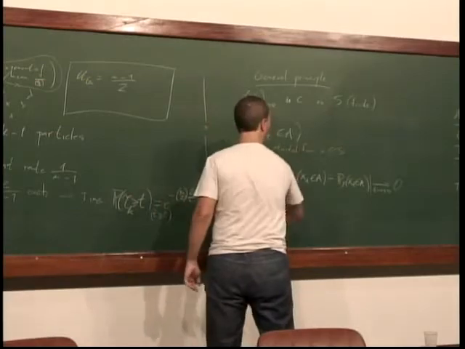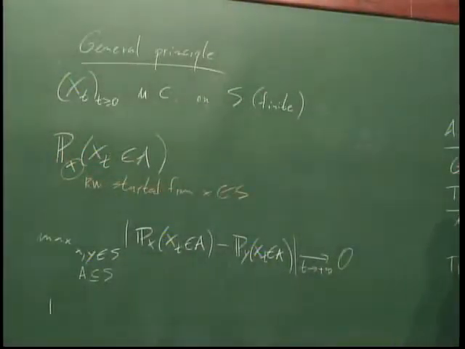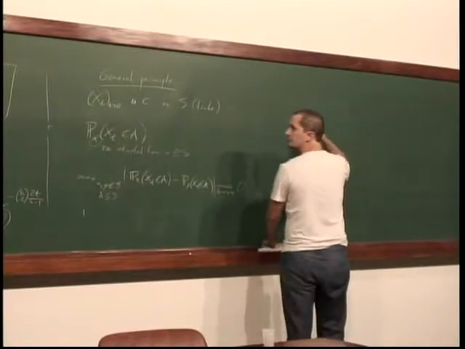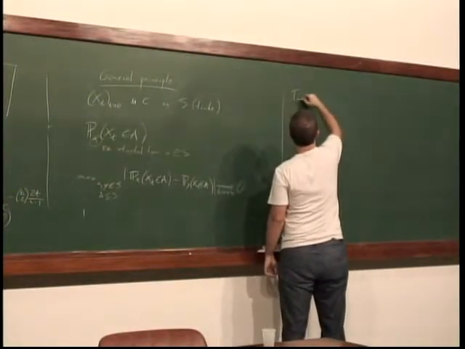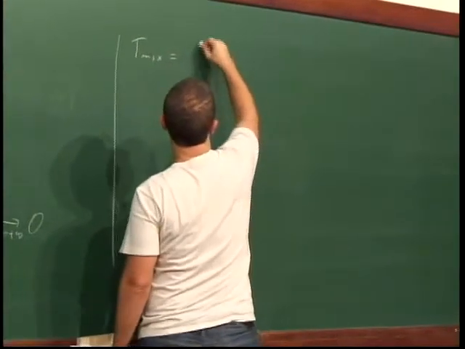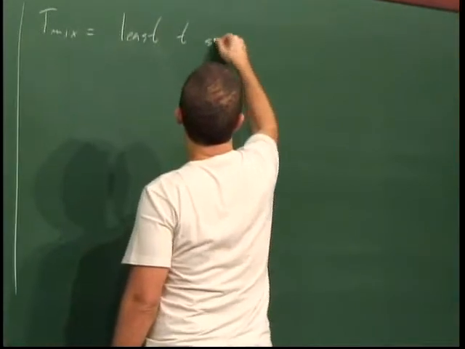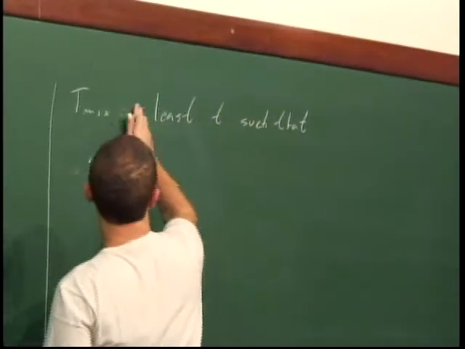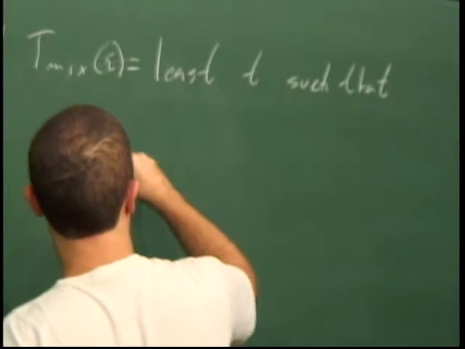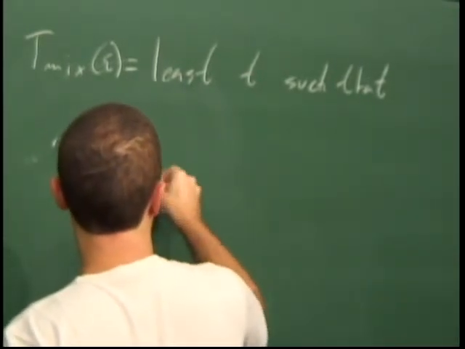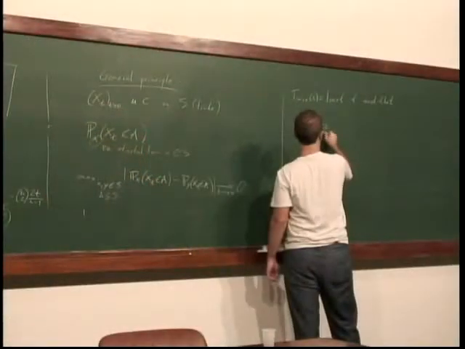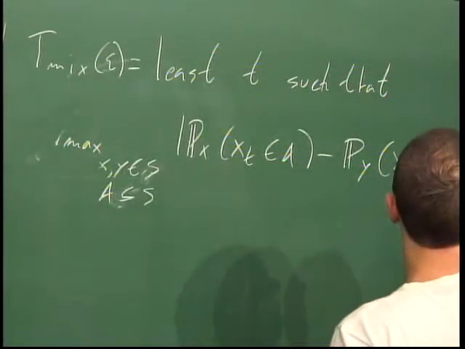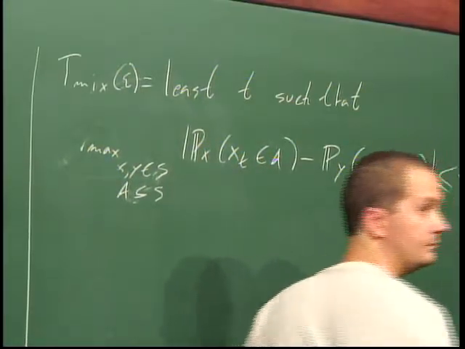So maybe I'm going to write over here. T mix is the least t such that the maximum that I just wrote, well, T mix epsilon, is the least time where you have that maximum I wrote over there smaller than or equal to epsilon.